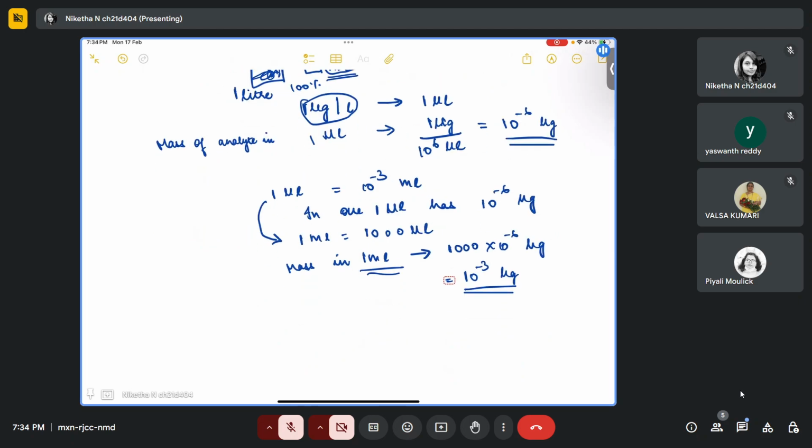Now they are asking how much is the concentration of the chemical in 1 liter. For that, what is the formula? Concentration is the mass of the chemical divided by the volume of water.